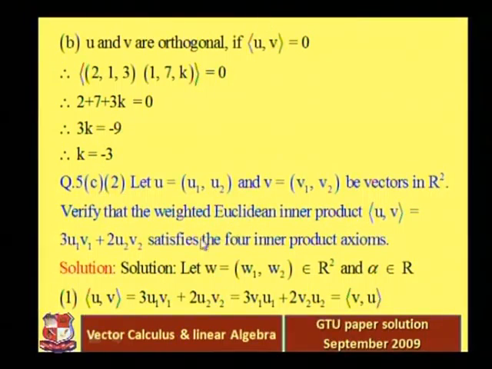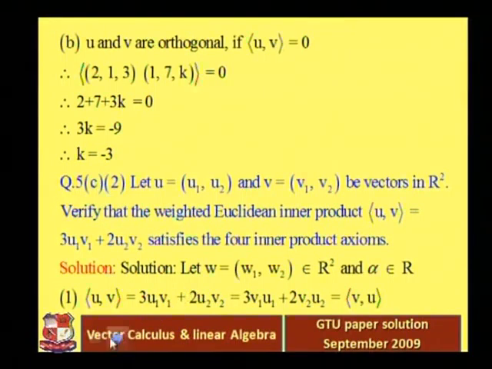Question 5c, second part. Let u is equal to u1 u2 and v is equal to v1 v2 be vectors in R2. Verify that the weighted Euclidean inner product of u and v, equal to 3 u1 v1 plus 2 u2 v2, satisfies the 4 inner product axioms. So what are the conditions to become an inner product space, right?